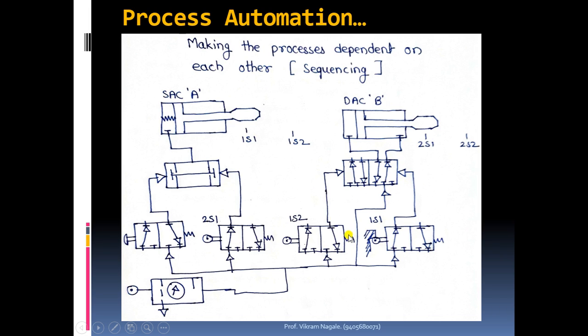So in all we will need a total of 4 limit switches, or 4 3 by 2 valves with some required actuating techniques. We'll see why the names are given as 2s1, 1s2, 1s1. We'll go step by step, and as per our requirement we'll give names to these limit switches.